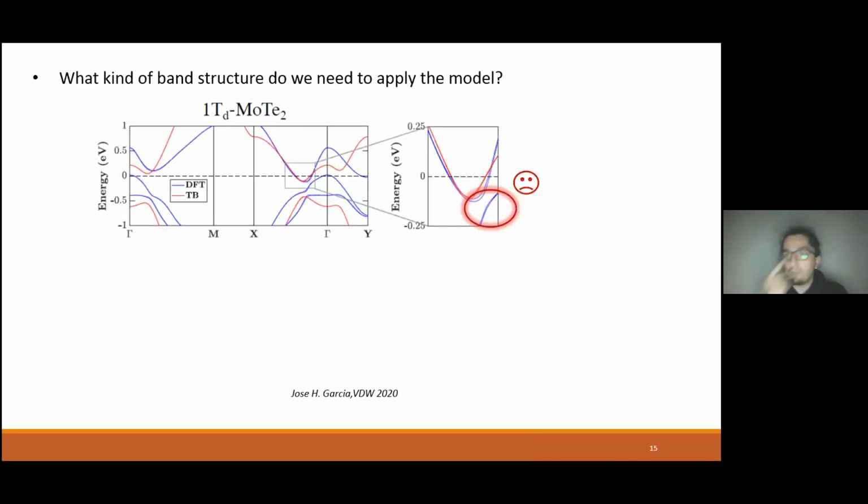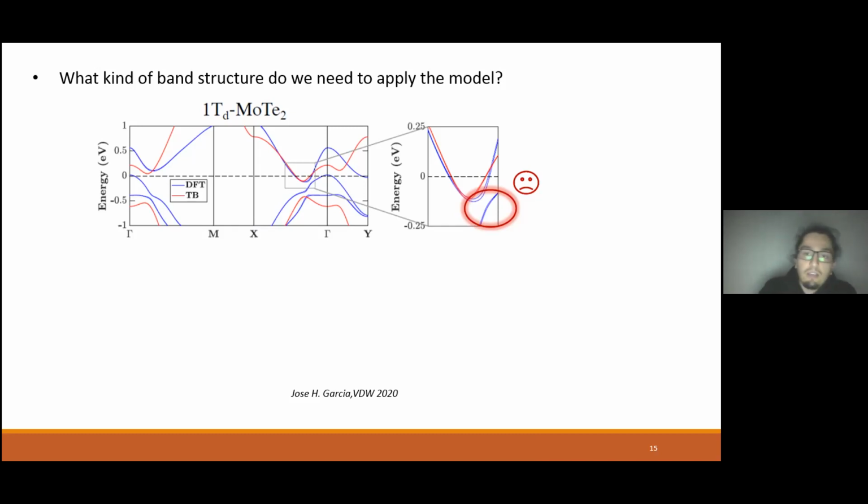So we talked about the symmetry properties. Molybdenum telluride was the perfect fit for the anti-symmetric properties. So how about the band gap properties that we mentioned before? Because as we talked before, we need a proper band structure to obtain this insulating state. So this is how a DFT-calculated molybdenum telluride band structure looks like.